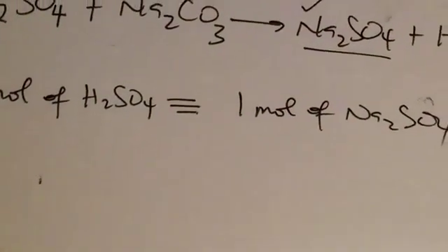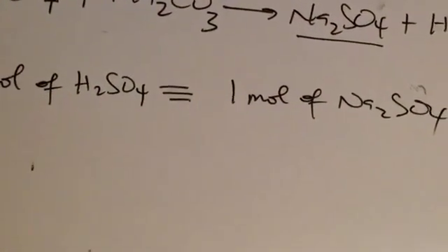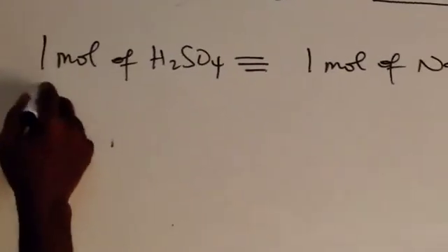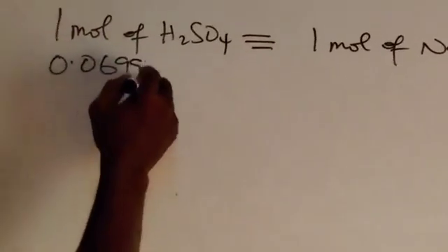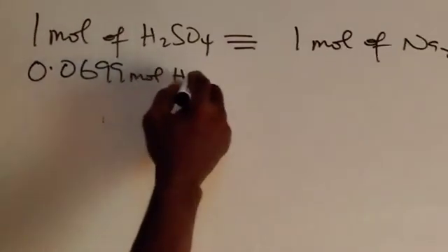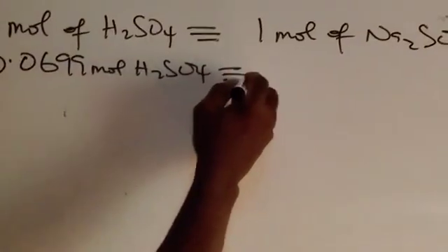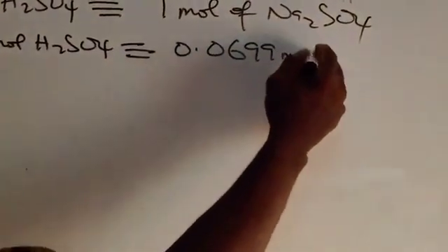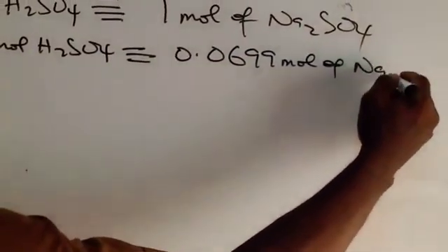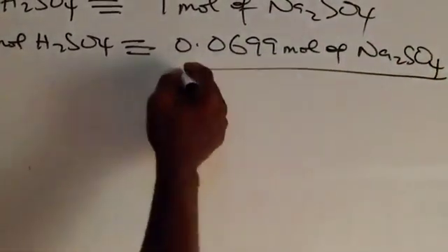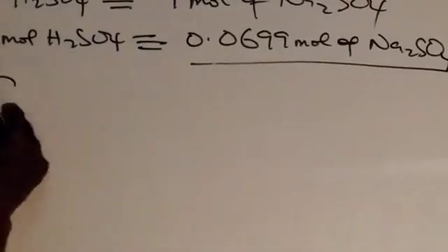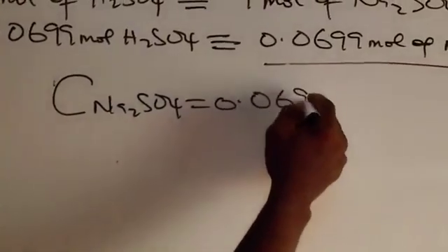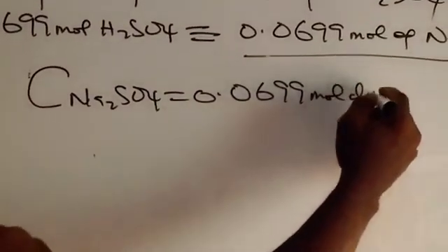So since we are dealing with 1 dm cube of the mixture, we use the Ca, the acid concentration, which is 0.0699 mole of the H2SO4, and that will still give us, by proportion, 0.0699 mole of sodium sulfate. So the concentration of sodium sulfate in 1 dm cube is 0.0699 mole per dm cube.